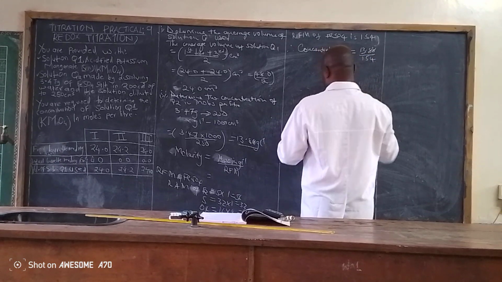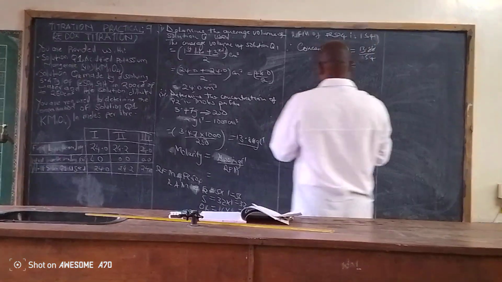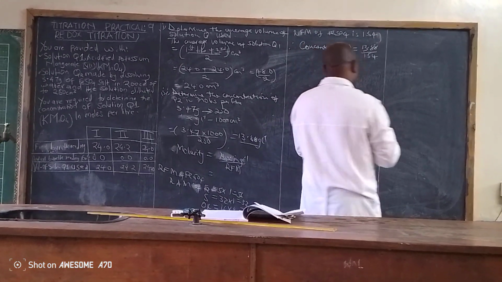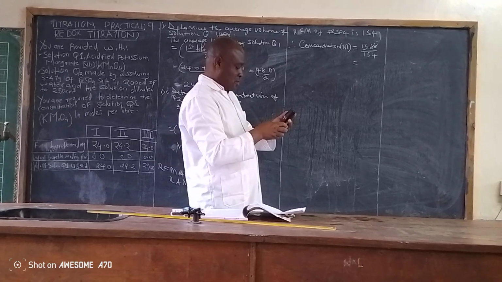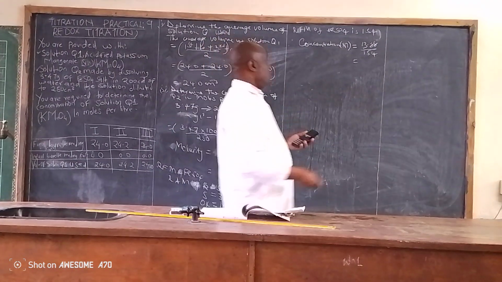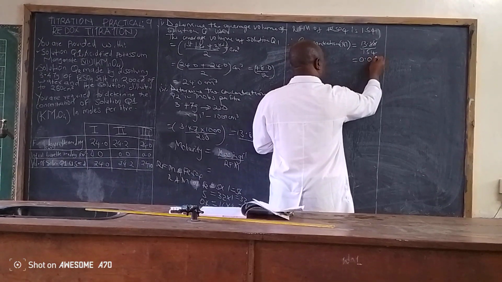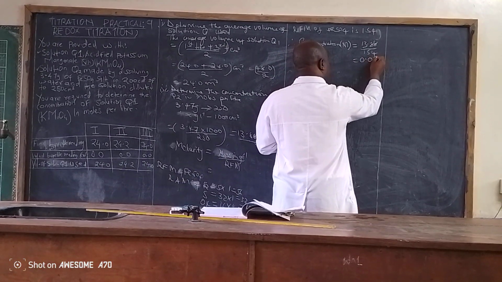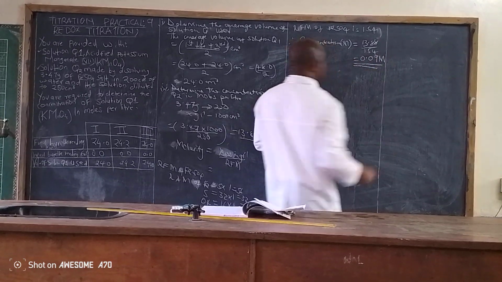We go back to our calculator, 13.88 divided by 154. So it's giving us 0.009 M. We have answered that one.